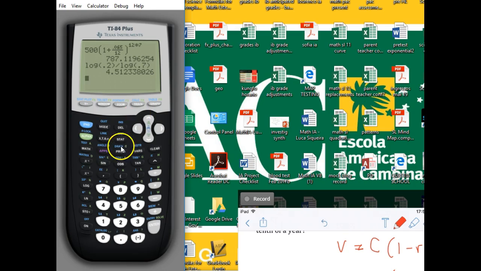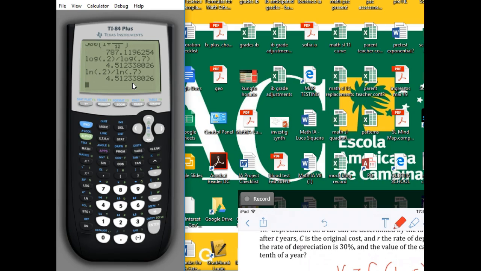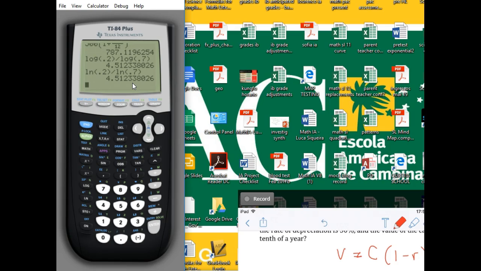And then I'm going to show you how natural log is going to give you the same answer. Natural log of 0.2 divided by natural log of 0.7 also gives me 4.512. Okay, and now I'm going to translate this into the nearest tenth of a year. So we're going to round this to 4.5 years.